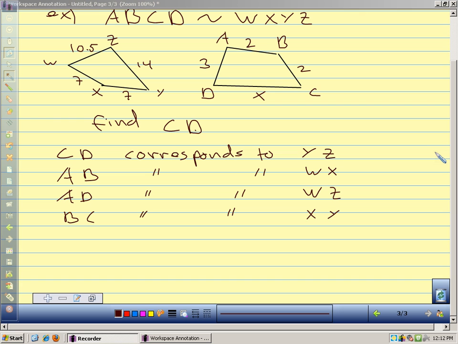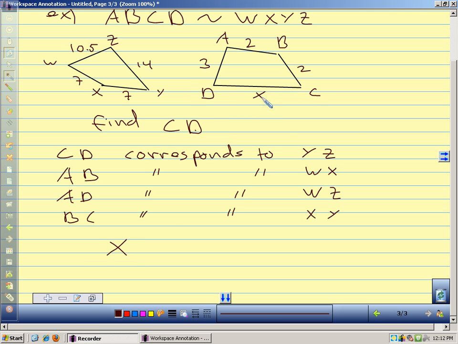And the fact that they're similar tells us that all of these corresponding sides have the same ratio. So let's make a ratio between the corresponding sides, and because they have to be the same, we're going to say they're equal. So I'm going to say the length of CD, which we don't know, is x.